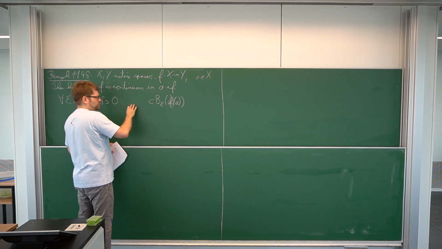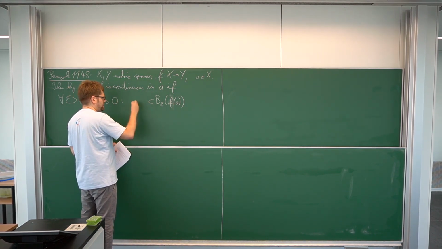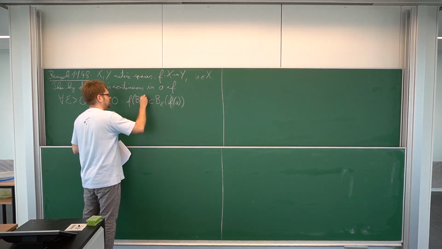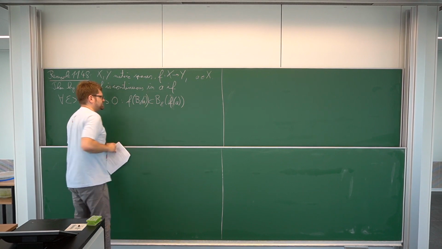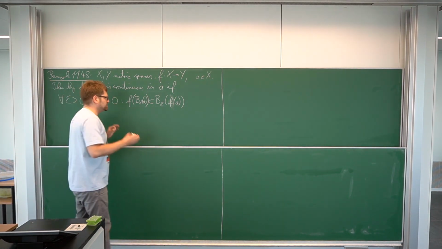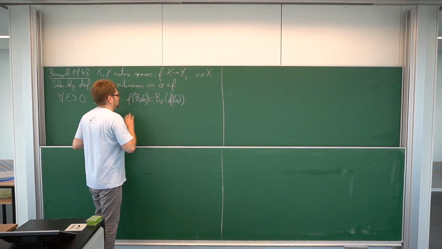All points which are delta close to A. So the image f of B delta of A is a subset of the epsilon ball around f of A. I hope you understand this, because this is precisely the definition of continuity.